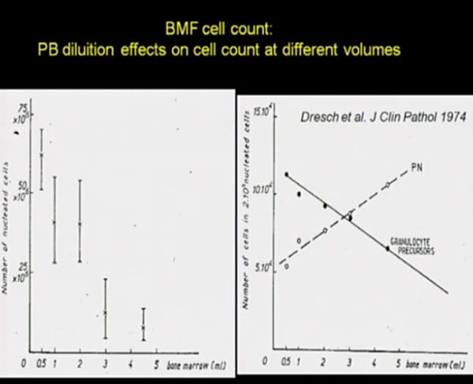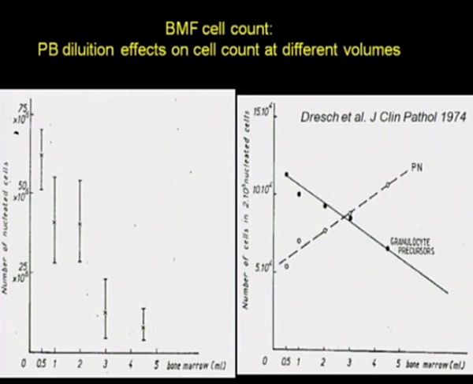This is a slide from an old experimental work done by a German group in 1974, and this is very interesting to follow because here you have the aliquots of bone marrow fluid and the number of nucleated red cells.